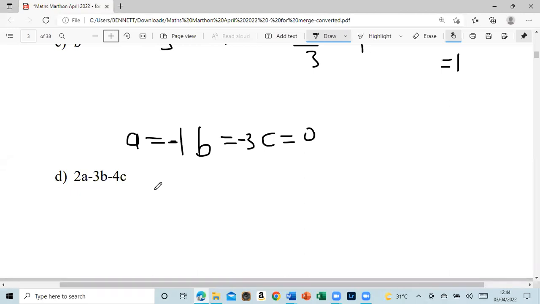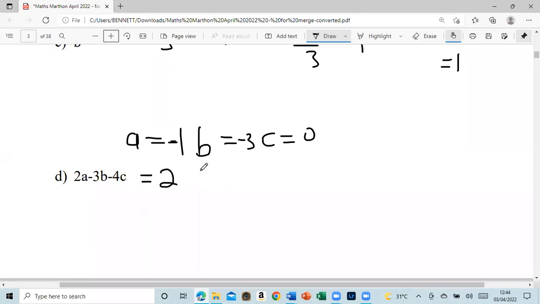All right. Let's work it out now. So we just substitute the values, right? Anywhere we see A, we put -1, right?